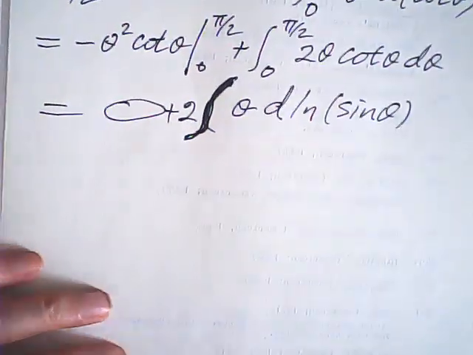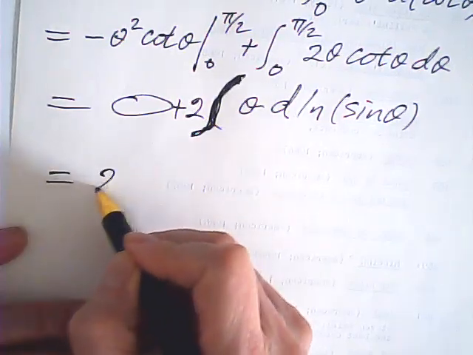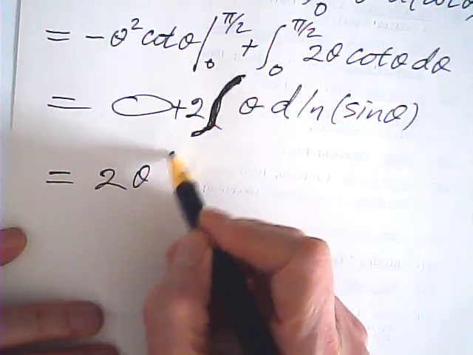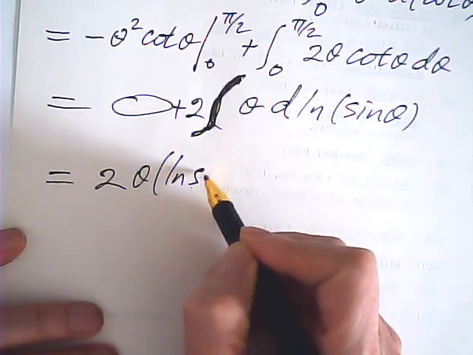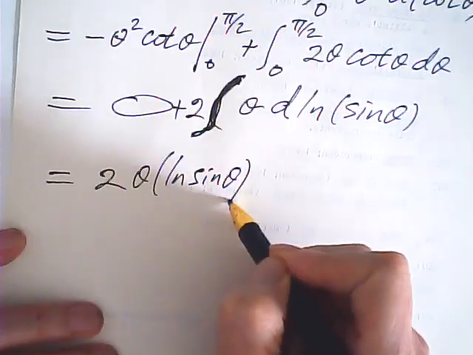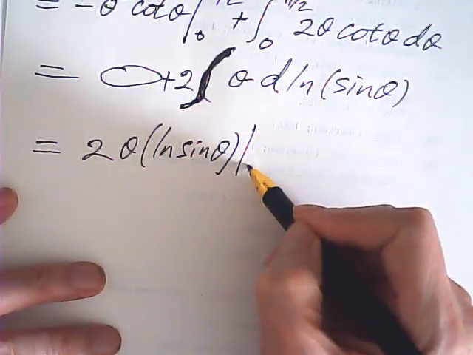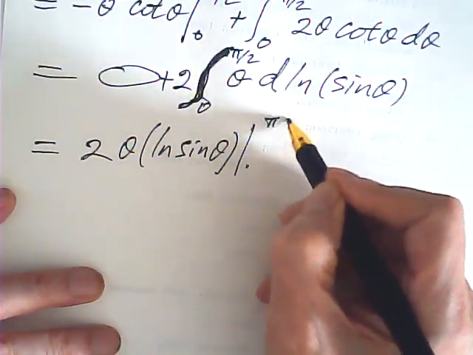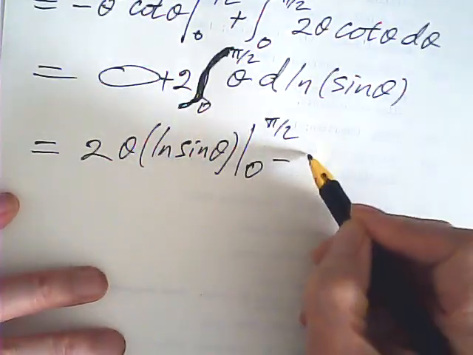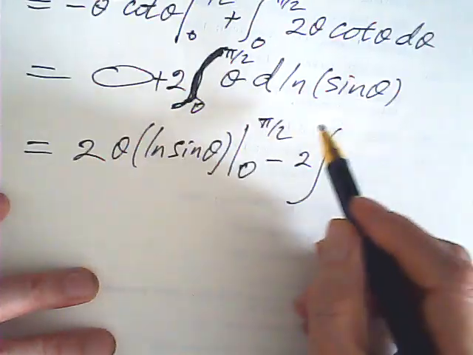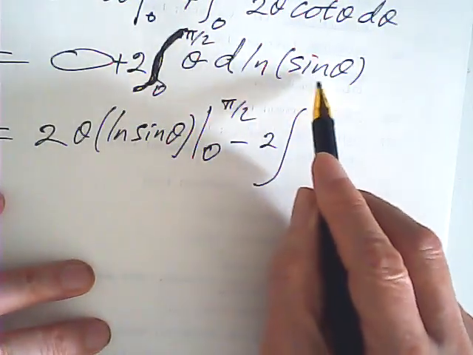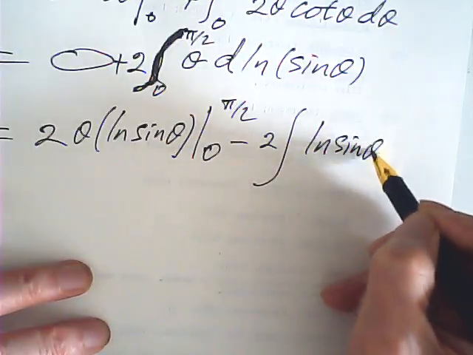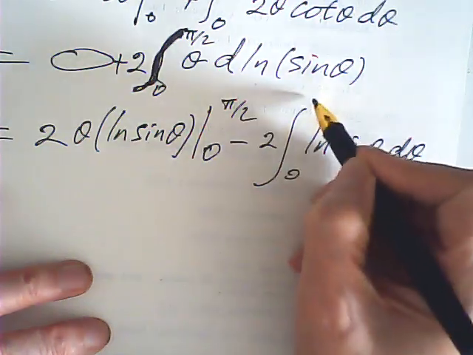So I can use by parts again. This is 2 uv, right? Theta times log sine theta from 0 to half pi, minus v du. V is this, du is d theta. So log sine theta d theta from 0 to half pi.